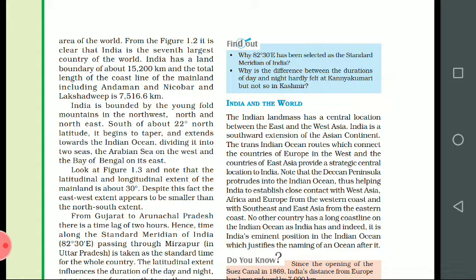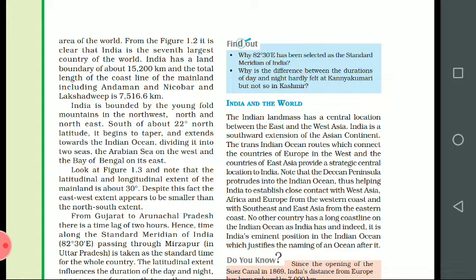The days and nights are therefore of the same duration at the equator. But as we move away from the equator towards the poles, the variation in the duration of day and night becomes greater. It is because the equator receives direct sunlight, so the difference between day and night is hardly felt.